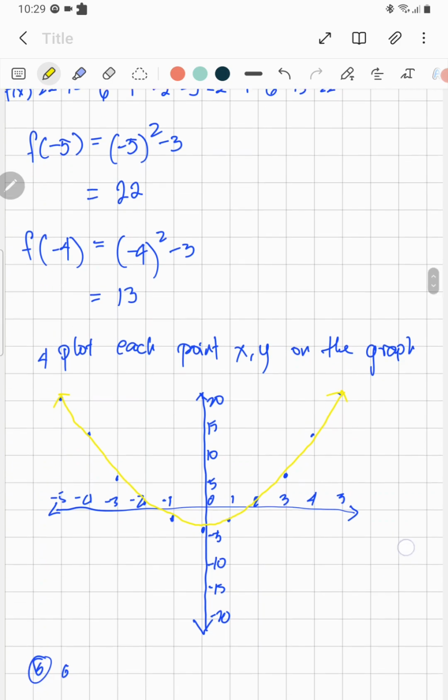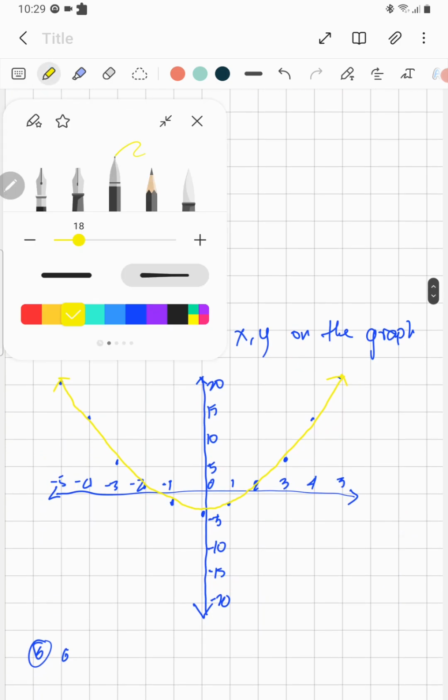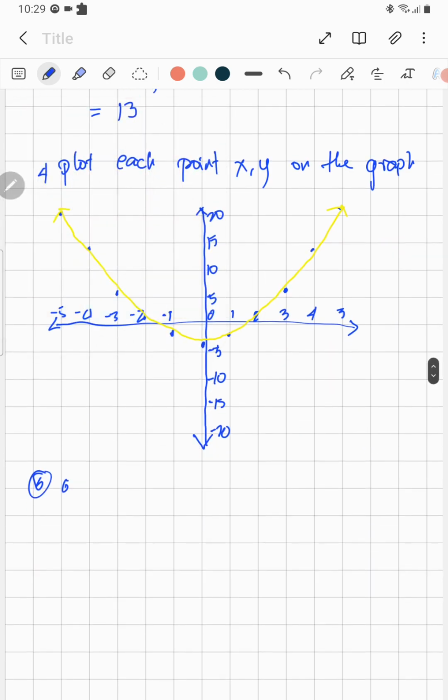Now, that is step number 5 na pala: connect the points with a smooth curve.